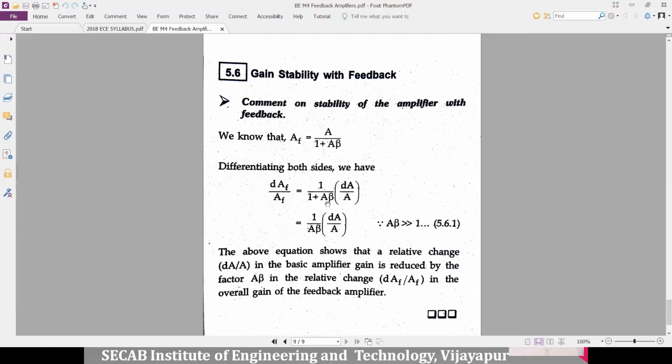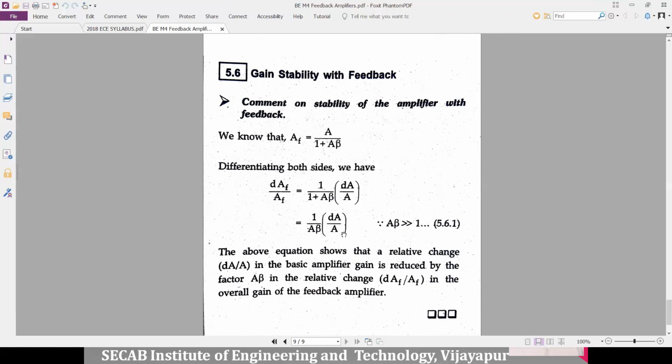Now, since A into beta is much greater than 1, for example, if beta is around 100 and the gain is 1, then 100 into 1 is 100, which is much greater than 1. So 101 can be written as 100. So 1 plus A beta can be written as only A beta.